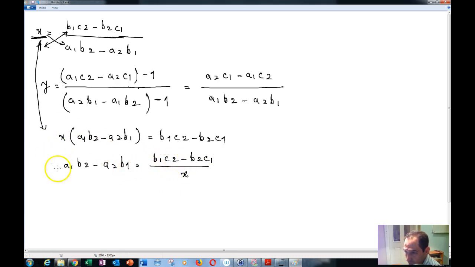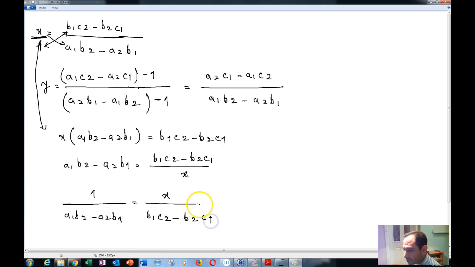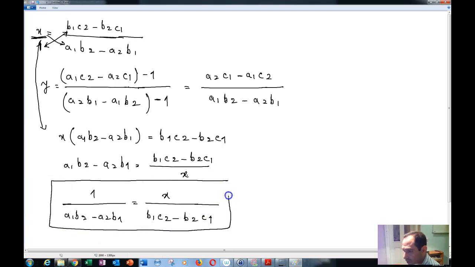And if I take the reciprocal of both sides, 1 over a1 b2 minus a2 b1 is equal to x over b1 c2 minus b2 c1. So that's basically one of the things that I can use over here.